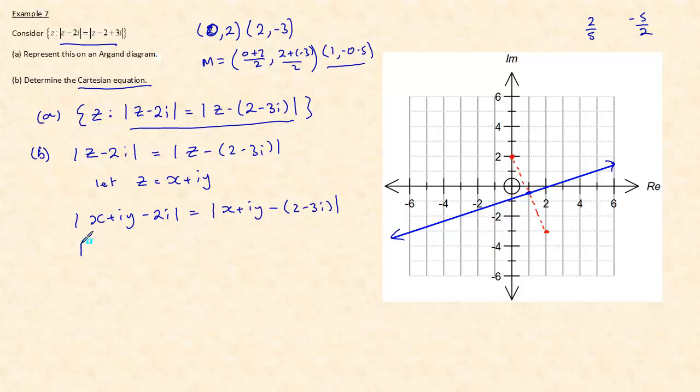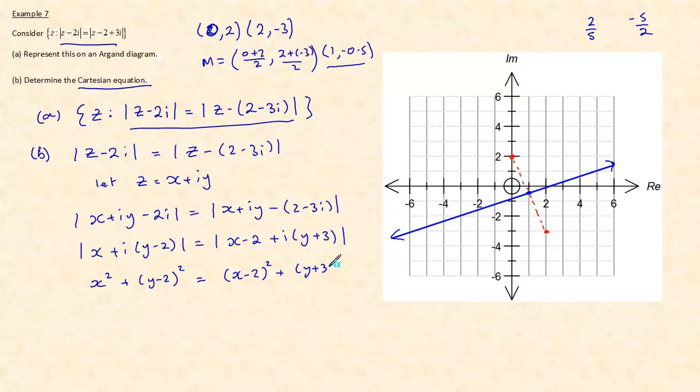So that one's going to give me x plus i, y minus 2, and over here I'm going to get x minus 2 plus i, y plus 3. We know how to work out the modulus. This is going to be x squared plus y minus 2 squared, all square rooted, is x minus 2 all squared plus y plus 3 all squared, all square rooted.